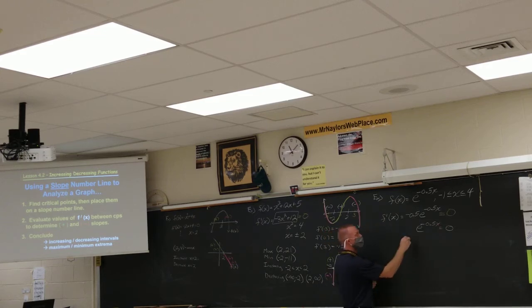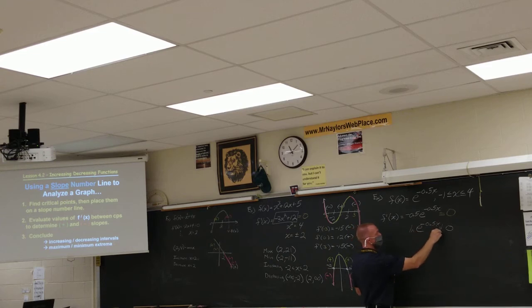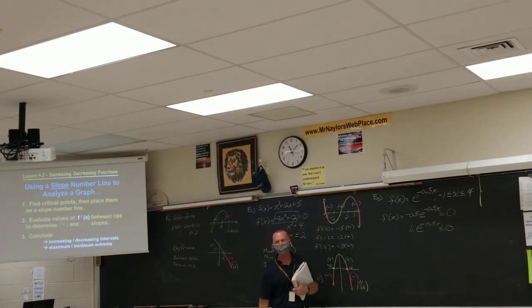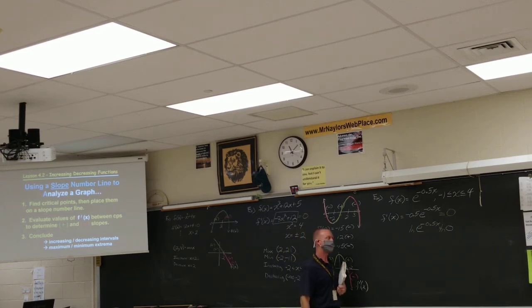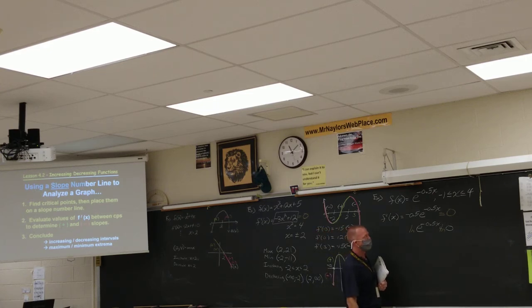Take the log of both sides. And you realize, again with a calculator, that you can't do that. There is no value for the log of 0. What this means is that there's no critical point.